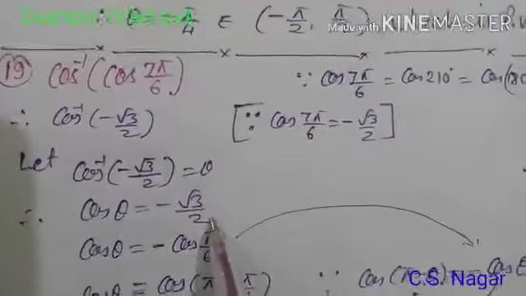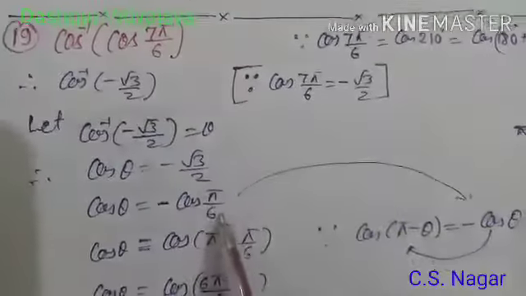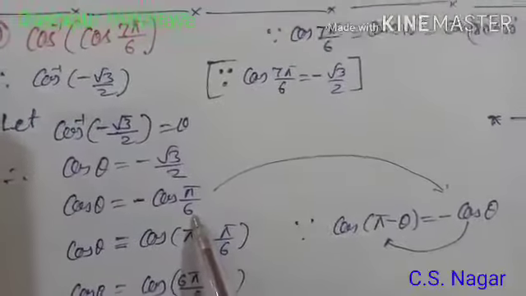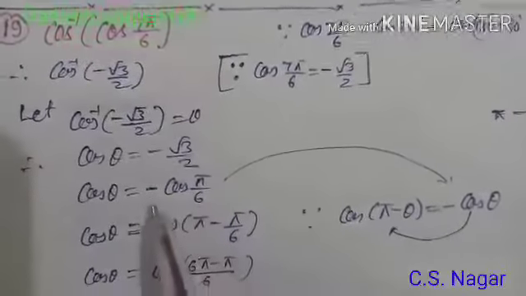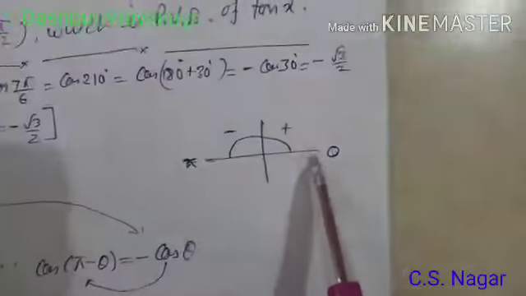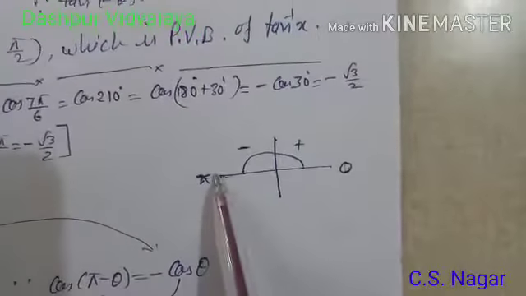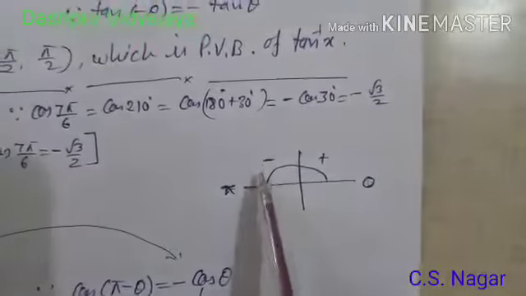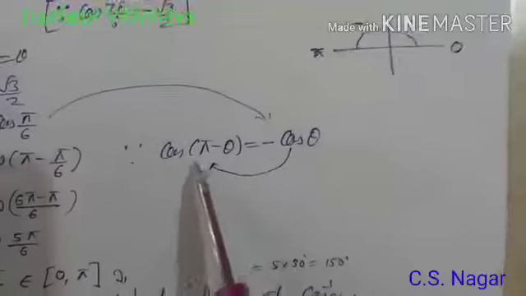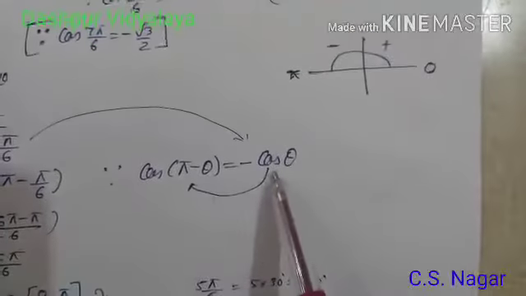The value root 3 by 2 in cos is cos pi by 6, and pi by 6 means 30 degrees. This has a minus sign. Since the PVB of cos inverse is 0 to pi, where the first quadrant is positive and the second is negative, we have to enter the second quadrant. For the second quadrant, we have the formula cos of 180 minus theta equals minus cos theta.